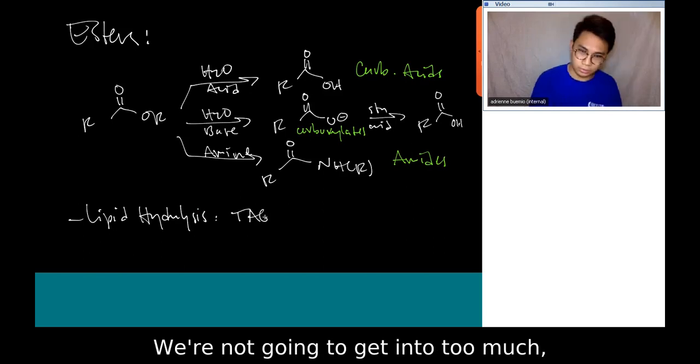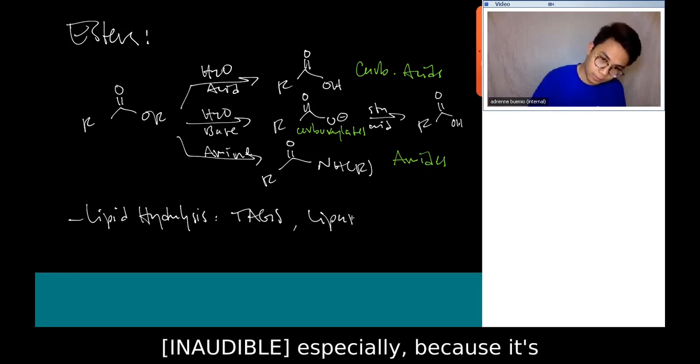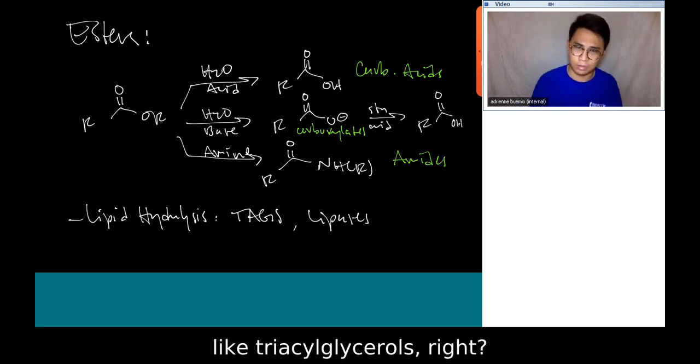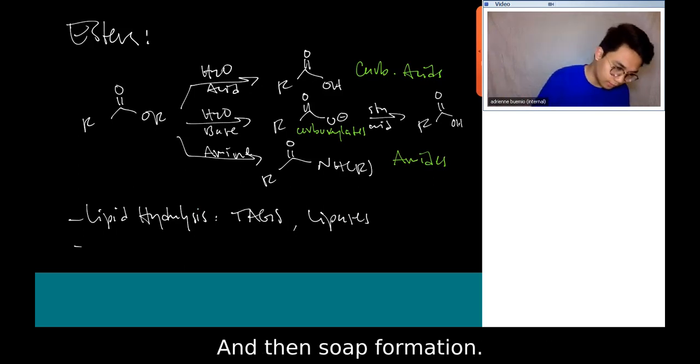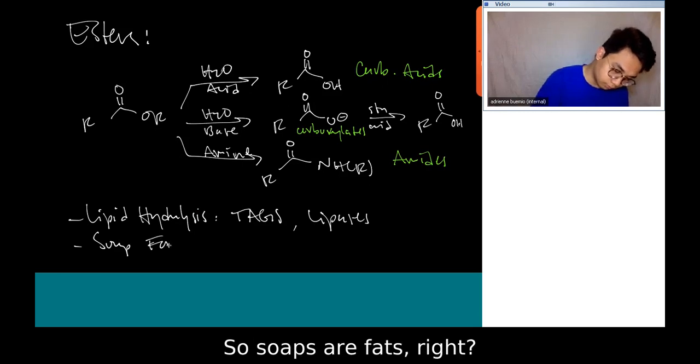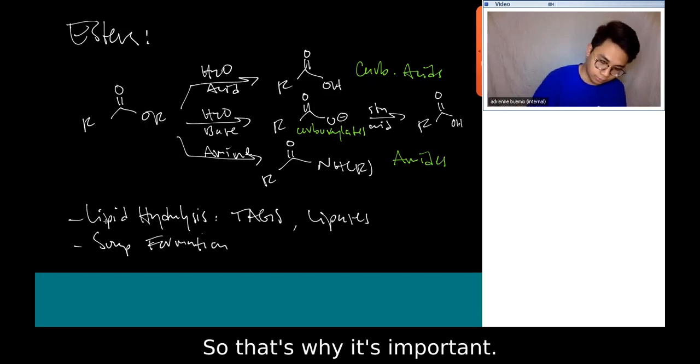We're not going to get into it too much, but you'll see TAGs in biochem and lipases. TAGs especially, because that's triacylglycerols, which is pretty much long chains of esters. And then soap formation. So soaps are fats, right? Which lipids are. So that's why it's important.